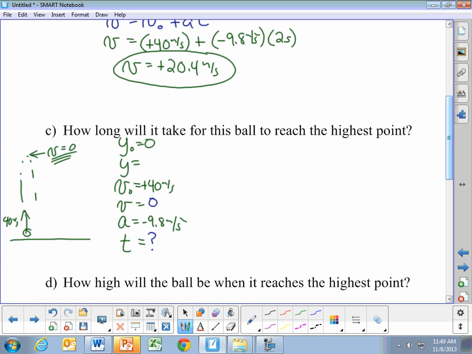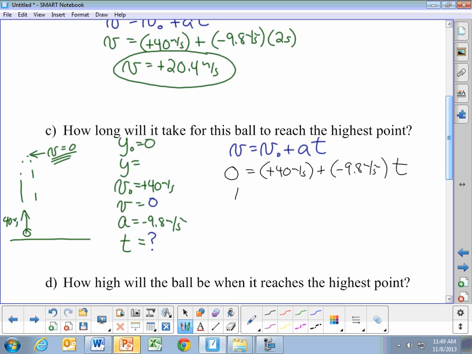This one we want to know at what time is the velocity equal to 0. So we're going to use the equation that we used in the previous part. The velocity equals the initial velocity plus the acceleration times the time. Doing that, we have that the final velocity of 0 equals the initial velocity of 40 meters per second plus negative 9.8 meters per second squared times t.